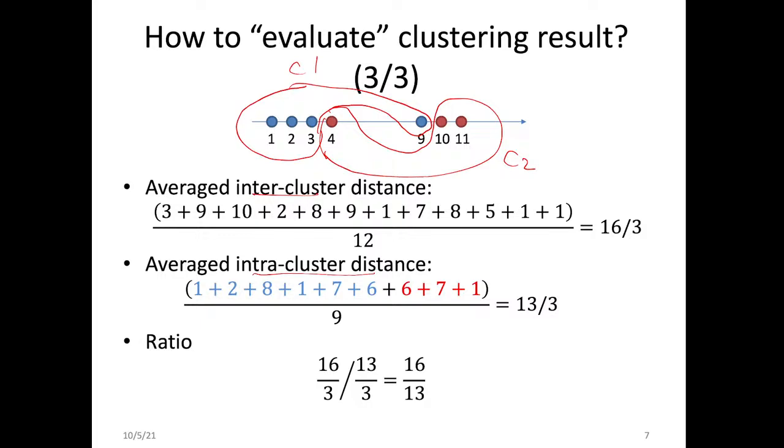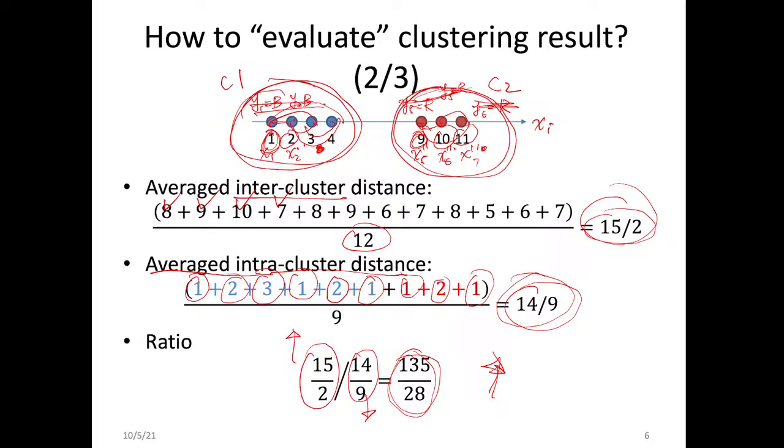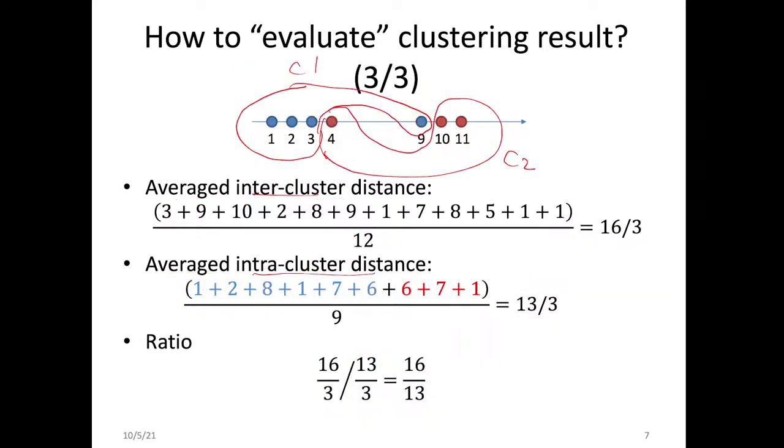In the above, if we compute the intercluster distance, there would be, let's see, 1 to 4, which is 3. 1 to 10, which is 9. 1 to 11, which is 10.